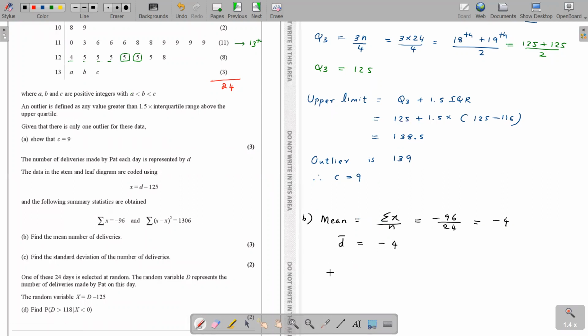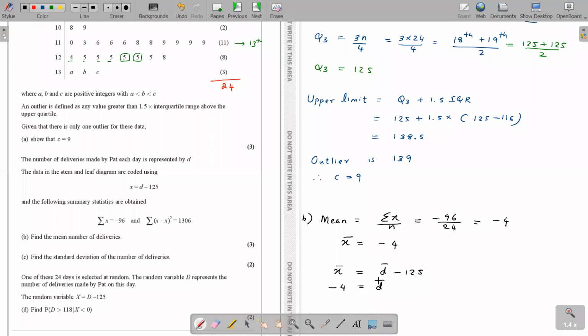You know the mean is affected by coding. So I can rewrite the equation as X bar equal D bar minus 125. What I have found here is the X bar, because we found the mean for X data while our real data set is in D. So the X bar value is minus 4.